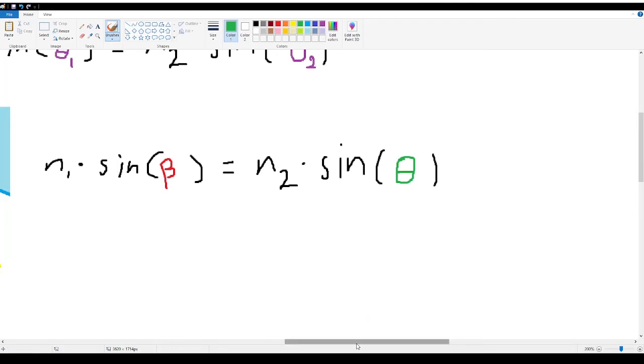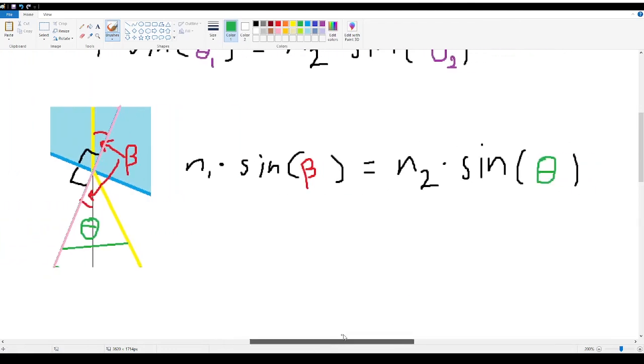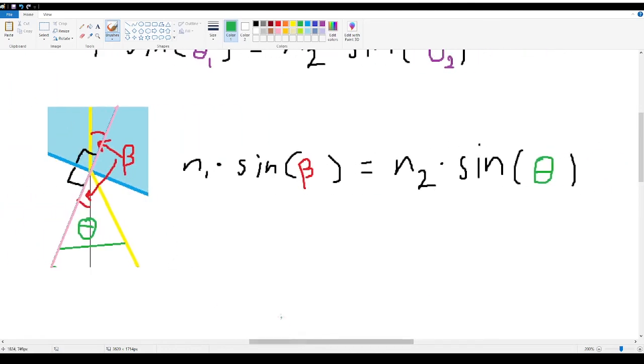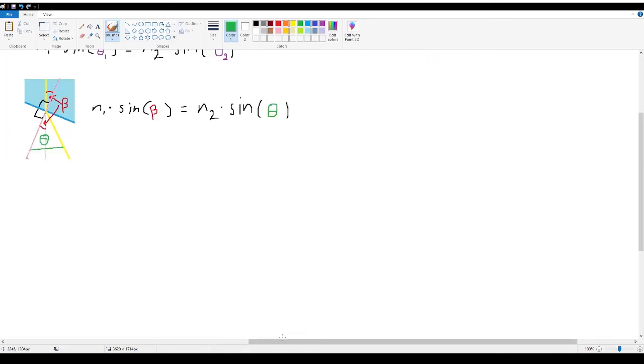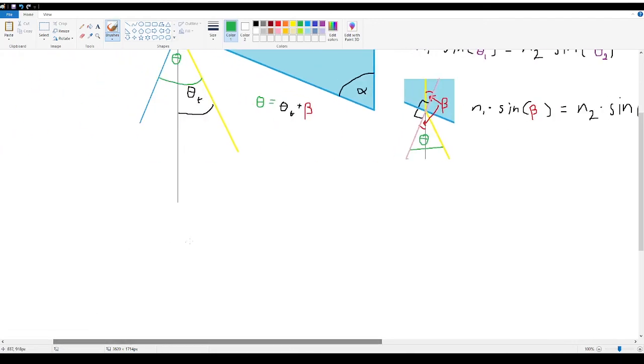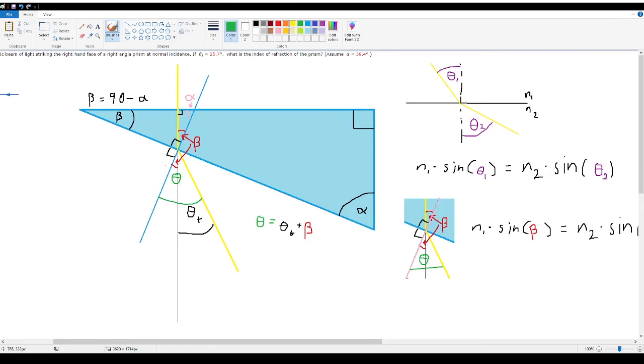Okay. The only thing left to determine is what our two indices of refraction are. Notice that when we're going into the prism, we're coming in supposedly from air. The problem doesn't mention this, but this is an assumption we're allowed to make because there's no water, otherwise it would tell us. There's no other surface, otherwise it would tell us. So we assume it's from air, and as a matter of definition, air has an index of refraction of 1, right?